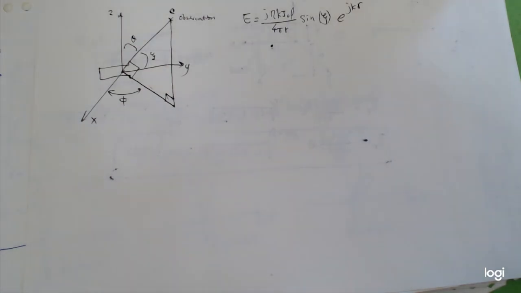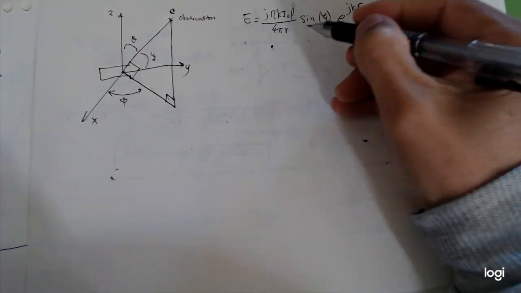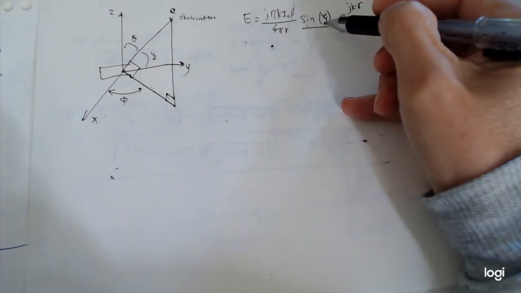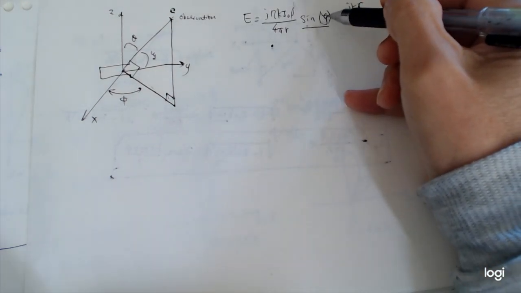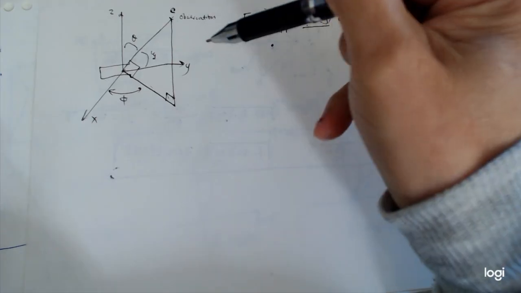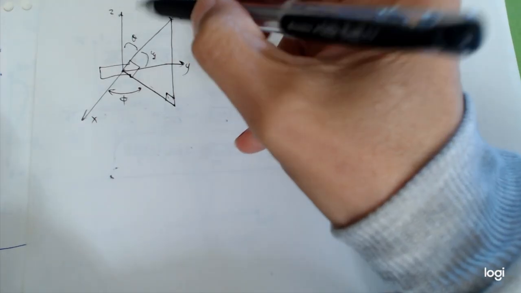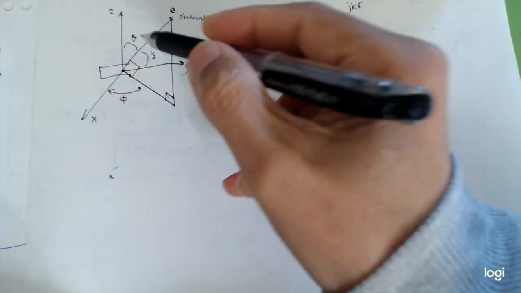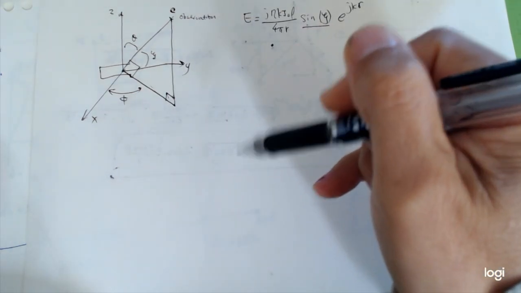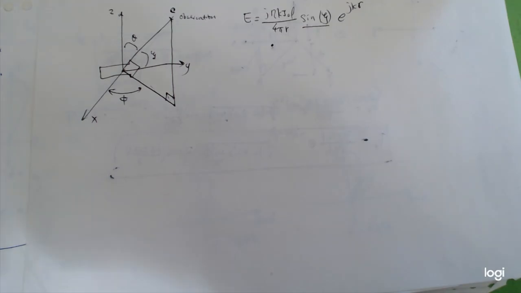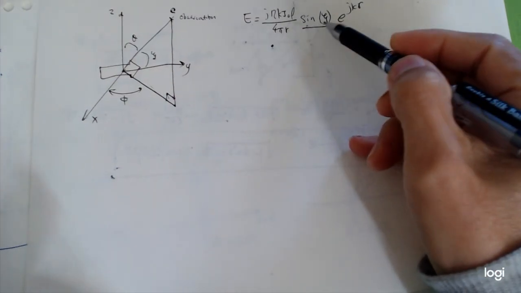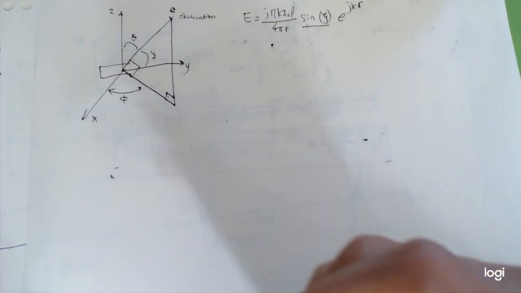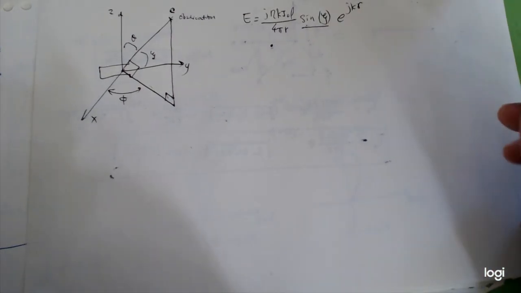There is an issue. We need to work this out, because the psi here is not the angle that can easily be found from the three-dimensional system. We need to express sine of psi in terms of theta and phi. So this is the trick of the question.